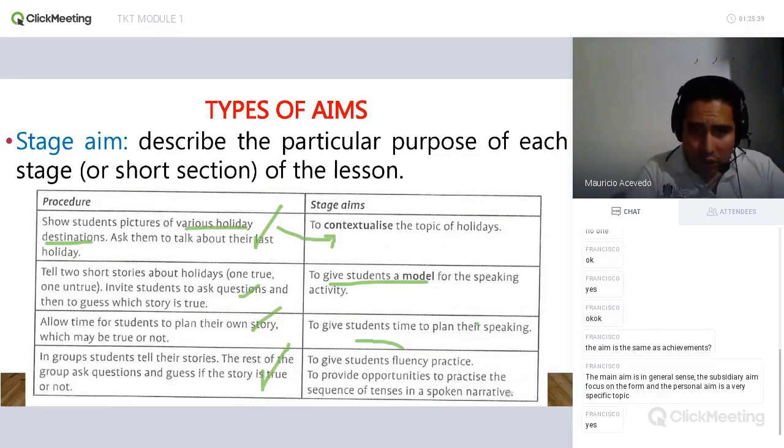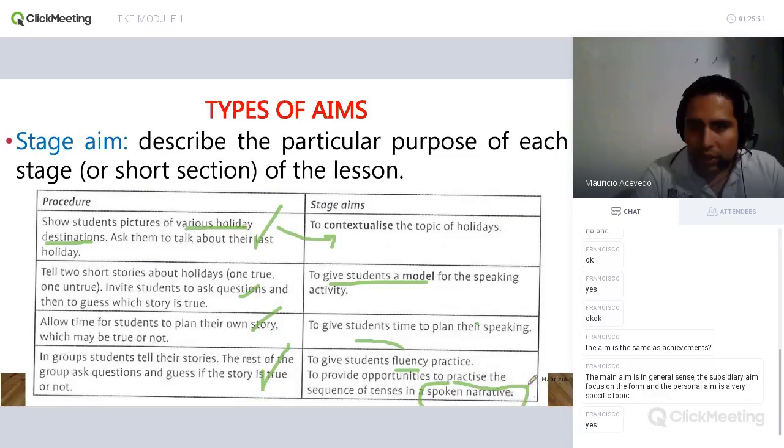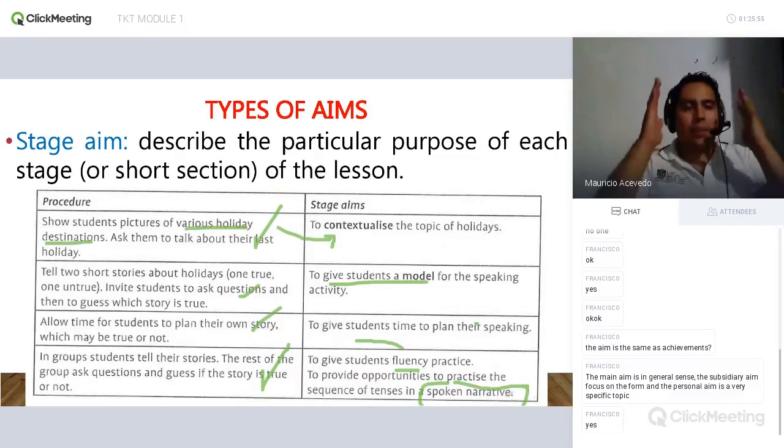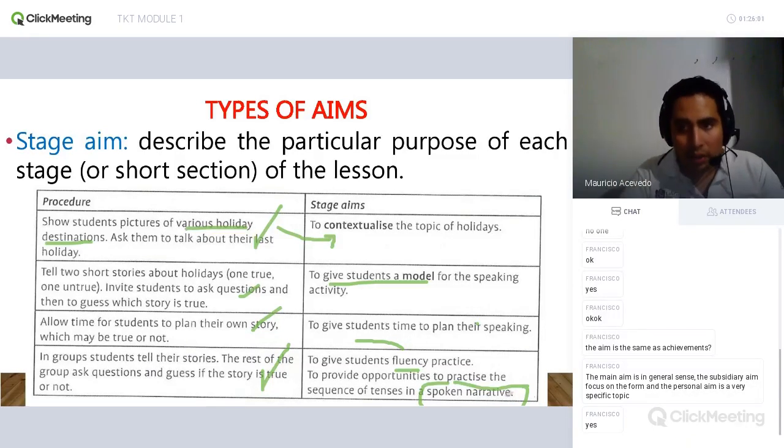So as you can see, the production part is maybe a little bit longer because you're going to be providing them fluency practice and at the same time practice of their spoken narrative. Okay, Francisco? So you have the activities, the procedures, the tasks, and each of these tasks might also have a specific aim.